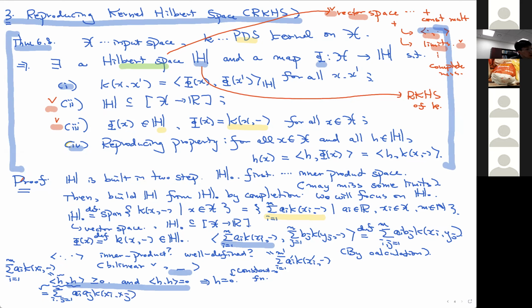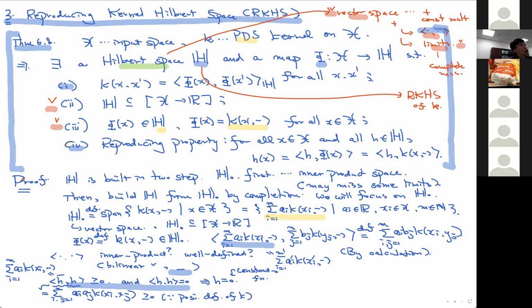And you can notice that this is exactly the positive definiteness property of k. So that's always greater than or equal to 0 because of positive definiteness. Okay. So the first is true.